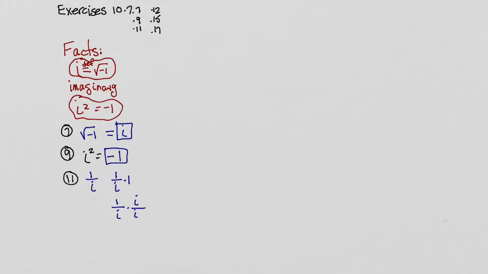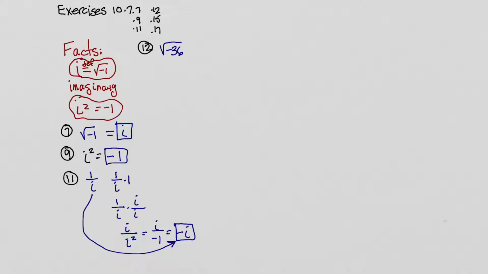On the top, we get 1 times i, which is i. On the bottom, we get i times i, which is i squared. But i squared we know is -1, so I get i over -1. But a number divided by -1 is just the negative of that number. So 1 over i is equivalent to -i.